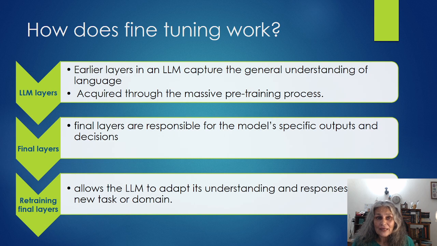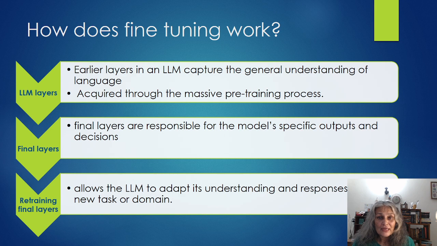Now, essentially, a large language model is a very gigantic neural network, and it has thousands and millions of layers. Now, the earlier layers in the large language model capture the general understanding of the language.